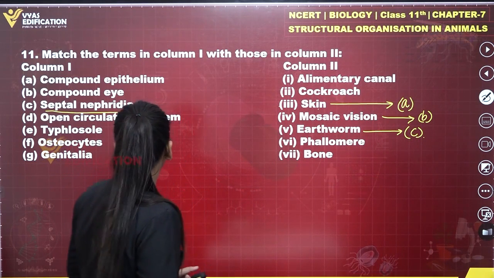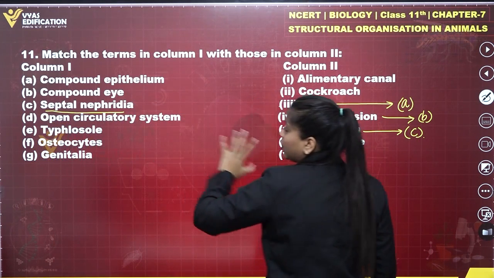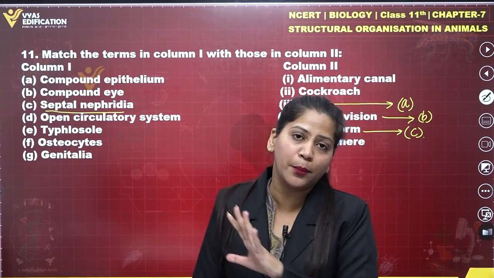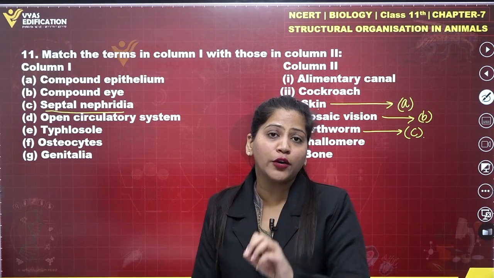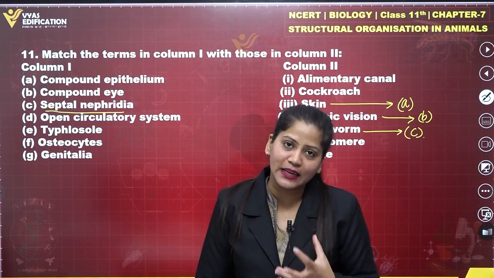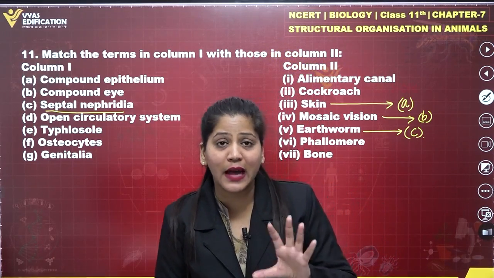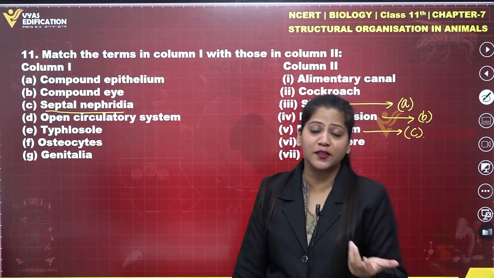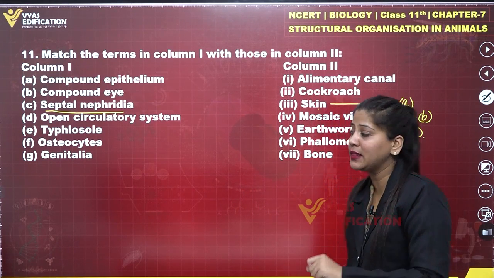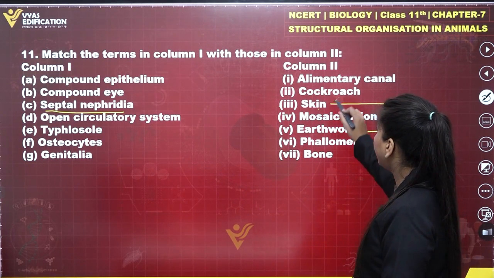Now moving on to D, open circulatory system. Open circulatory system means no blood vessels are present. The blood is not flowing in vessels. The organs of an organism are directly bathing in the blood. That kind of blood circulatory system is termed an open circulatory system, which you will find in cockroaches.